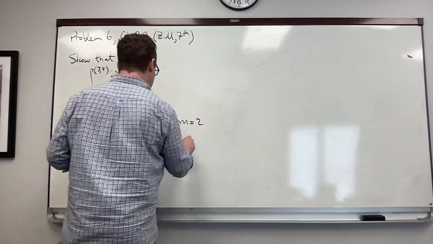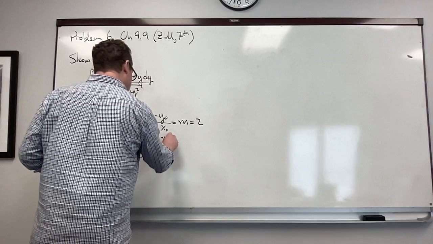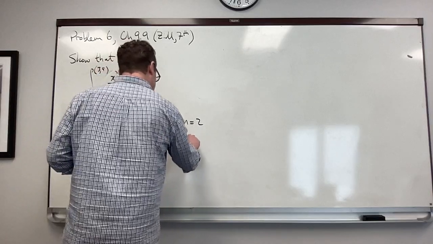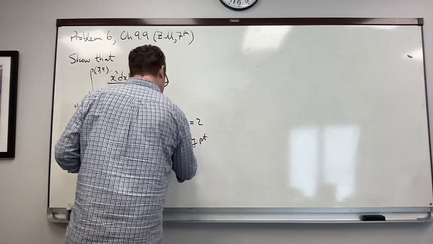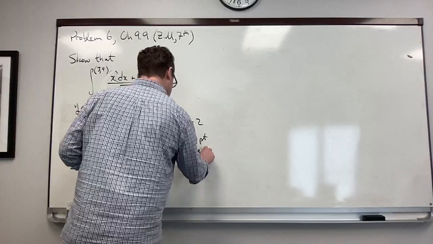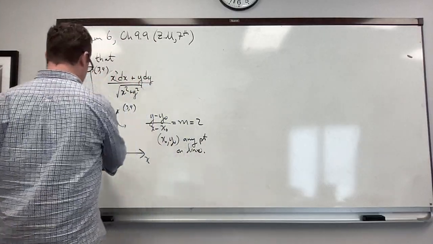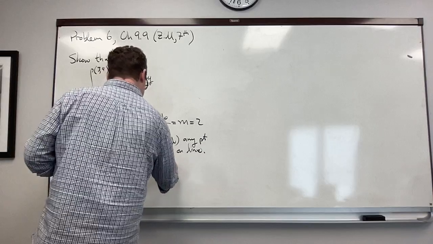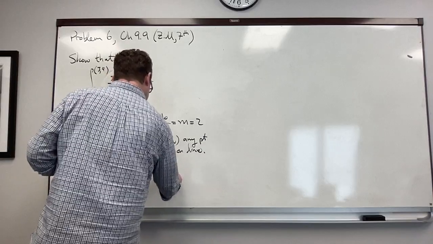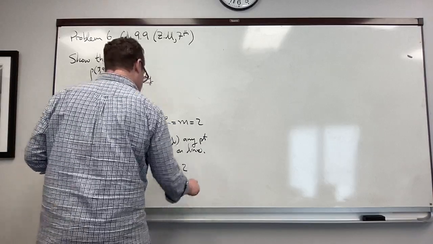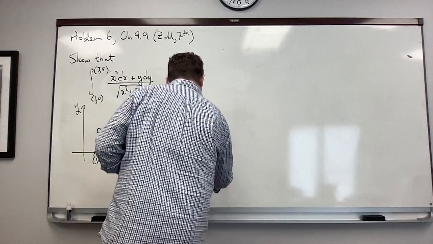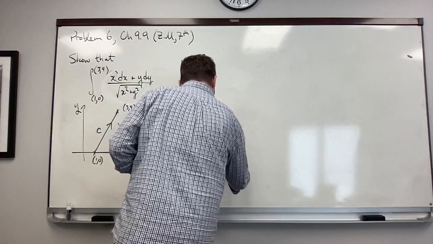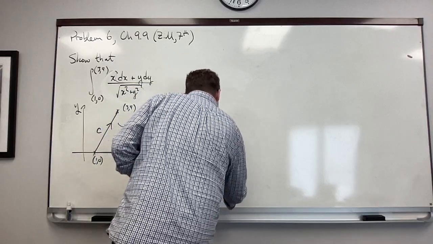Then x naught and y naught are any point on the line. So we're going to say (1, 0). So this means that y minus 0 divided by x minus 1 equals 2. So that means that y equals 2 times (x minus 1), y equals 2x minus 2.